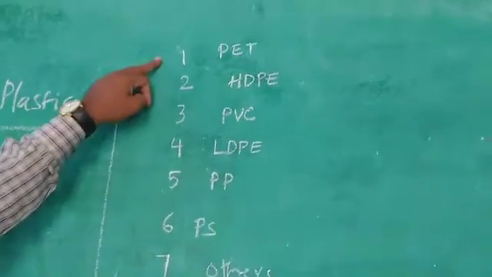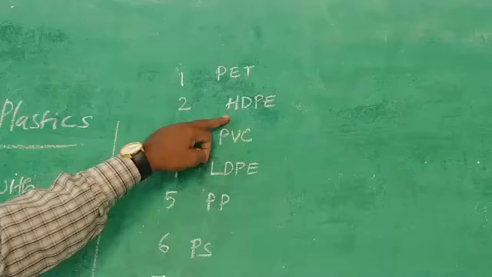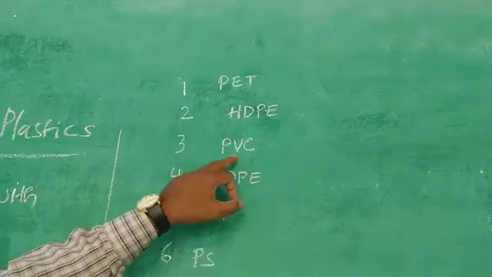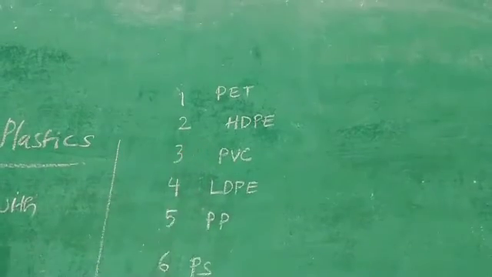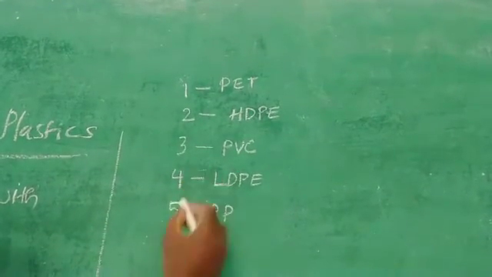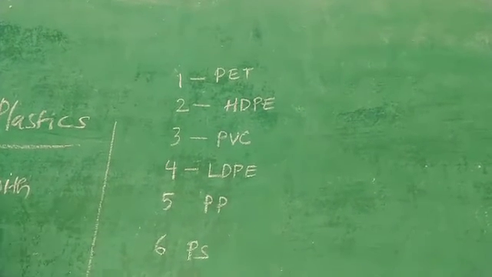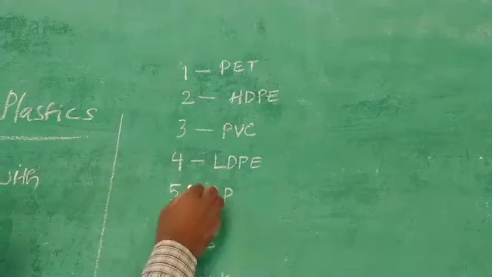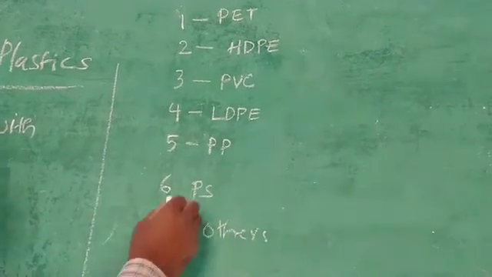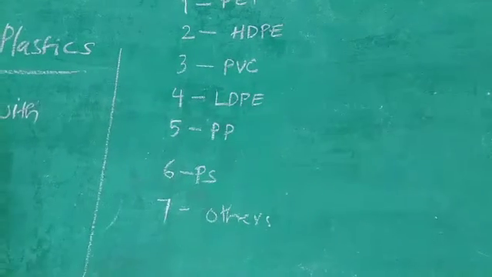PET means polyethylene terephthalate, 2 high density polyethylene, 3 polyvinyl chloride, 4 low density polyethylene, 5 polypropylene, 6 polystyrene, 7 others.